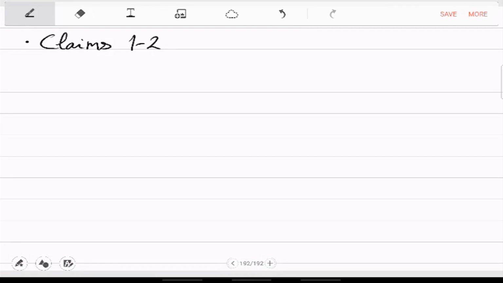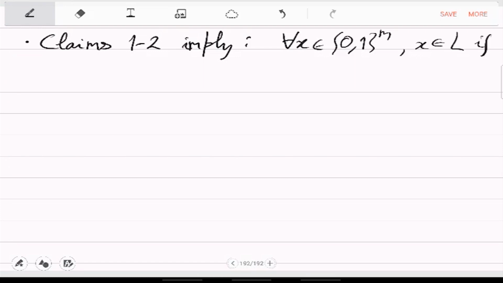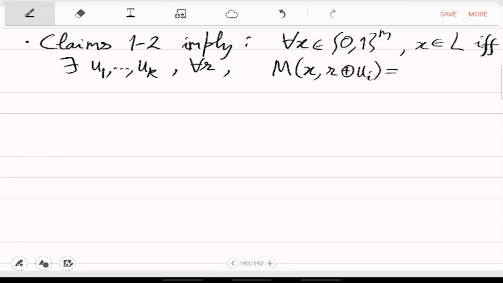So claims 1 and 2 imply that for all input strings x, x is in L if and only if there exist u1 to uk such that for all r, there exists basically this set U with k vertices, k points, such that for all R, one of these R XOR UI is true, right, for some I.